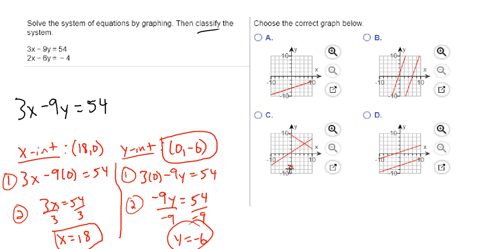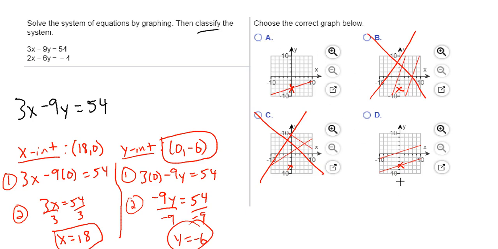Neither of these lines passes through that point, and so C cannot be the correct representation of the graphs. This one does have a point at 0, negative 6, so this one's still in contention. This one does not have a point at 0, negative 6, so B cannot be correct. This one also has a point at 0, negative 6, so that one is also still in contention.